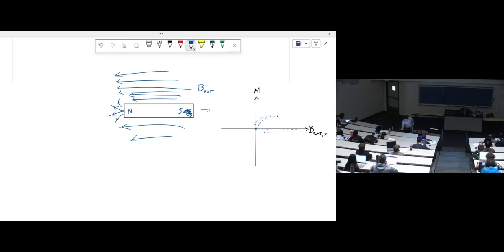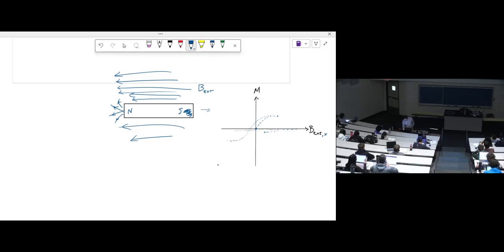So if you want to demagnetize your material, you have to start walking the magnetization stronger to the left, to where eventually your material is demagnetized. And you could keep going to a stronger and stronger magnetic field to the left, in which case you get the same behavior as before.